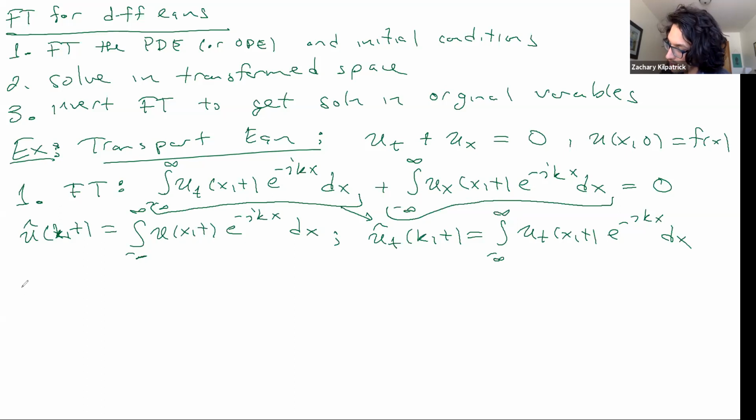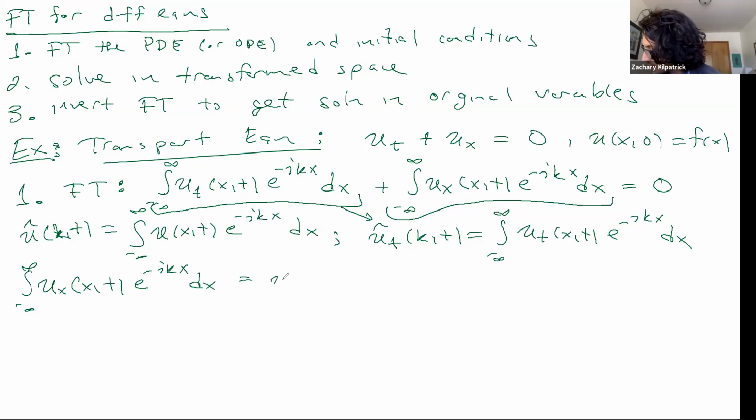So if I compute the integral from minus infinity to infinity of u sub x e to the minus ikx dx and use integration by parts, then I get u e to the minus ikx evaluated between x equals minus infinity and infinity.